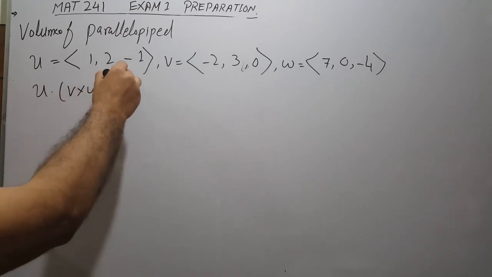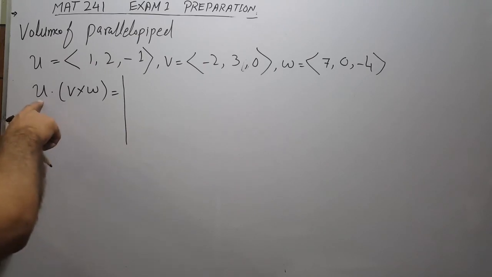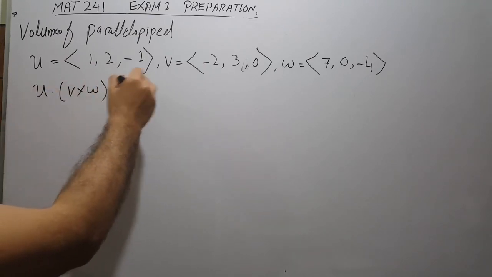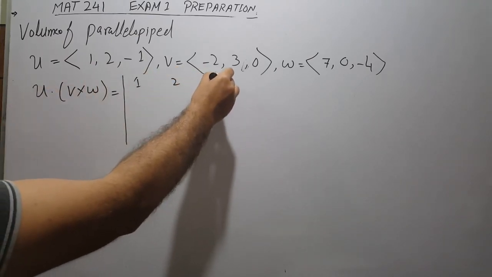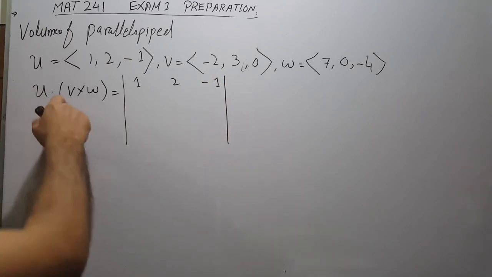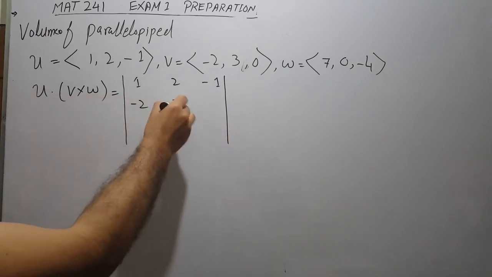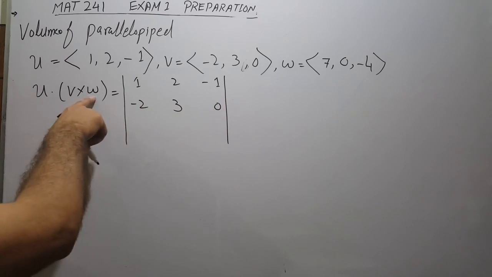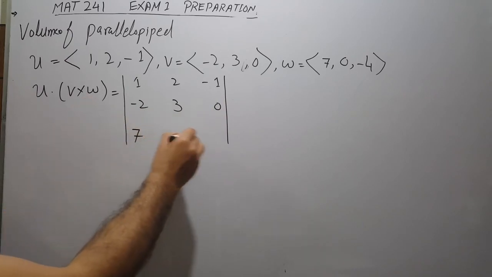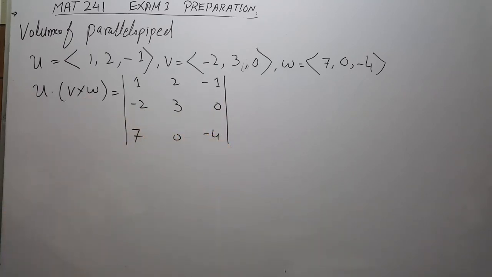So you write down the first vector 1 2 minus 1, you write down the second vector minus 2 3 0, you write down the third vector 7 0 minus 4, and you find out the determinant of this one.